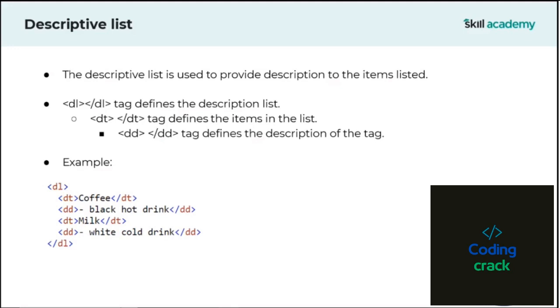So you write this HTML piece of code, and in return you will have this output: coffee, black hot drink, milk, white cold drink. So if you want to specify a little bit of description of your listed items, you can use the descriptive list of HTML. Now let me show you a practical example of it.